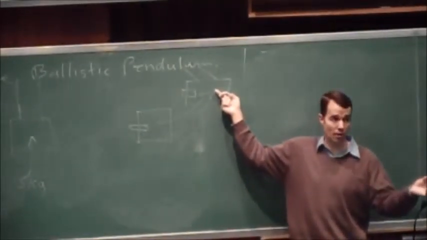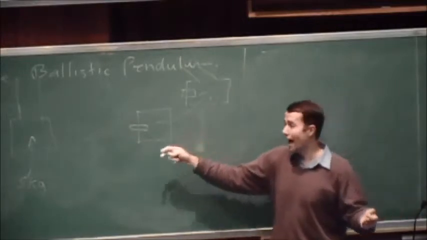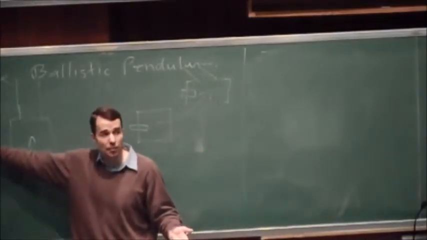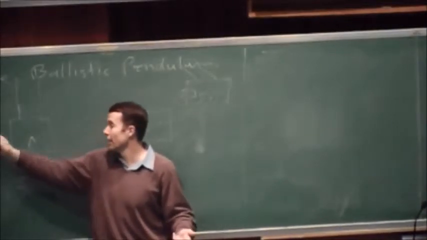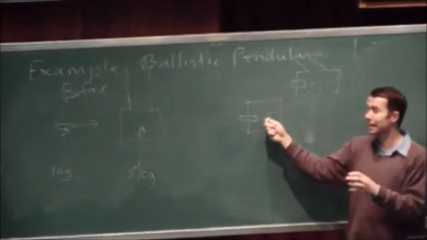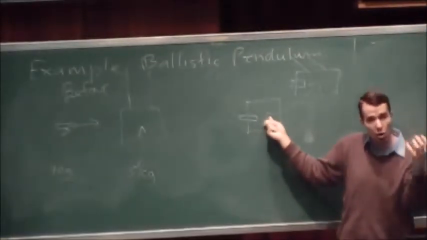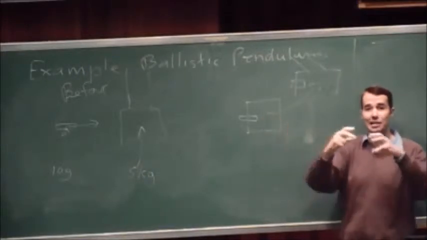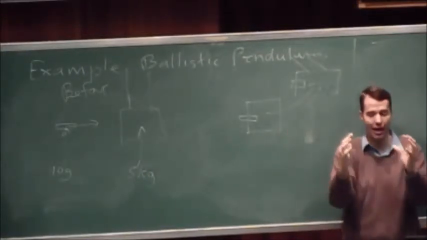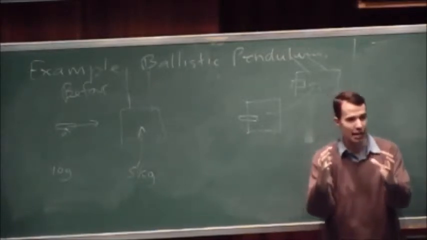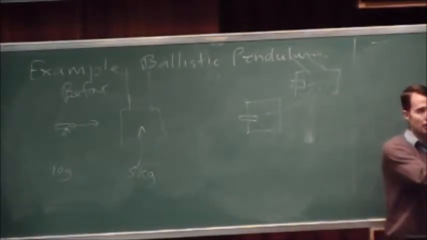And the answer is no. What I can do is use conservation of momentum when the bullet and the mass collide, and that gives me a velocity of this two-body system. Once I have that, that's the kinetic energy in and of itself. Now I have the velocity of the two-body system, and then I can change that kinetic energy into potential energy.